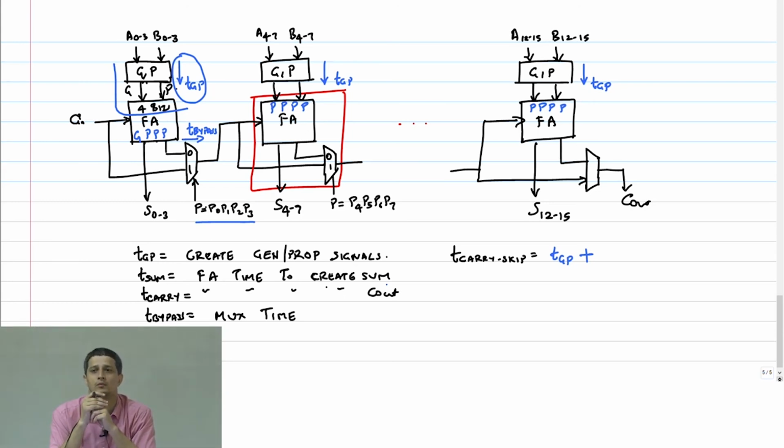This full adder block here is a regular ripple full adder. It has only 4 bits, that's all. How long does it take, what's the rippling delay? Yeah, so basically T sum plus, so we said in general this is going to be m bits and the number of stages will be n by m.